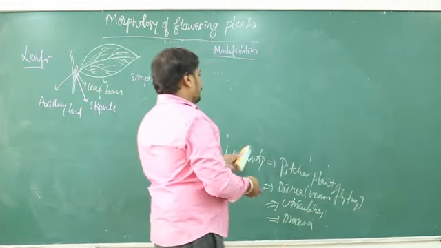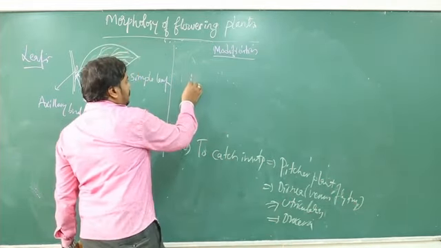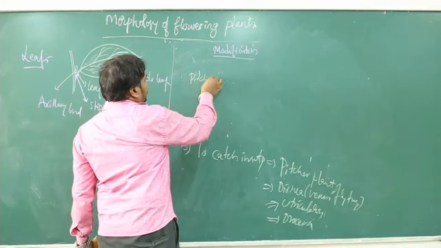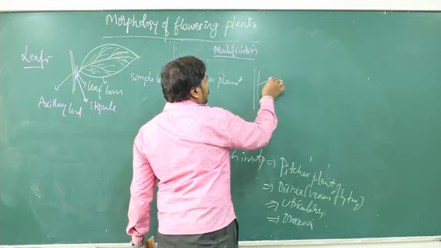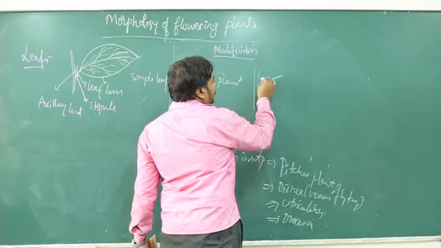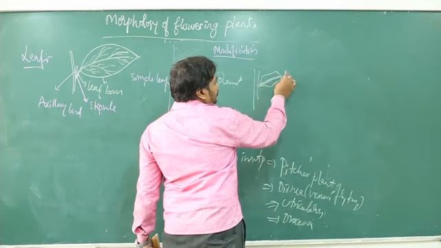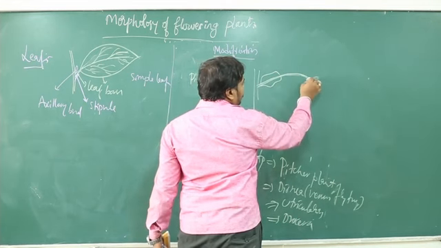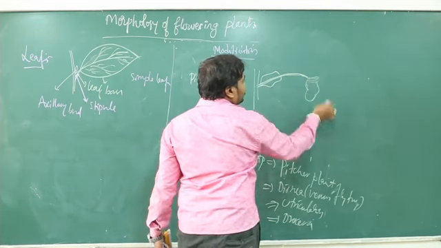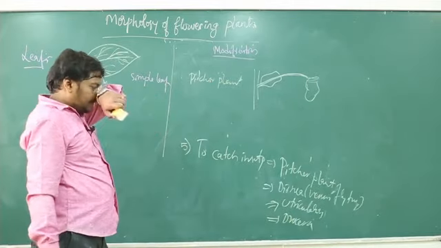So leaf modified to different parts. So here in case of a pitcher plant, it produces a normal leaf with lamina, but this midrib can grow further and it can modify into the structure like this. Okay, so that is in case of pitcher plant.